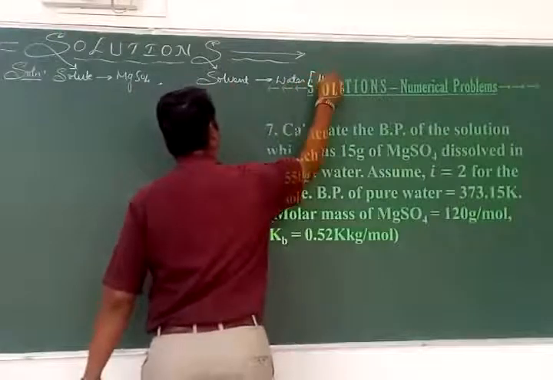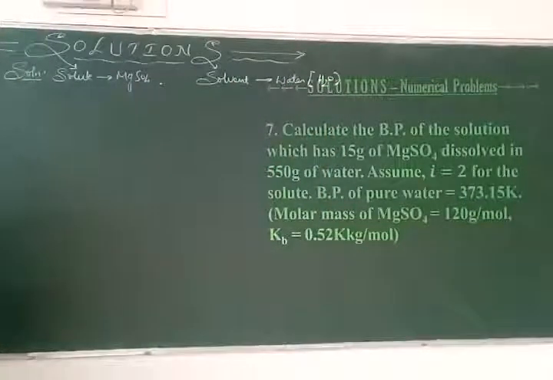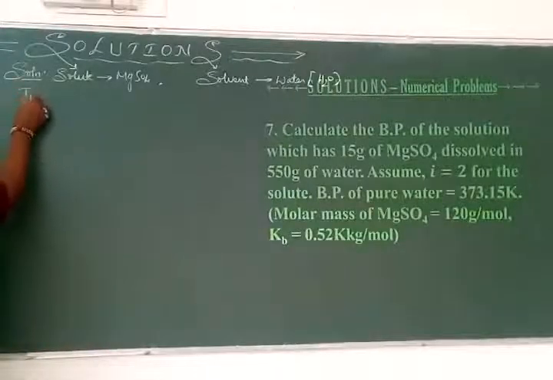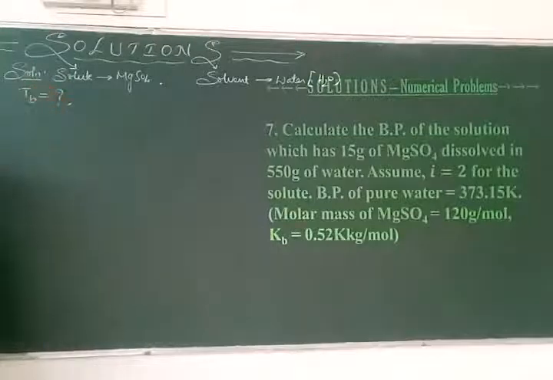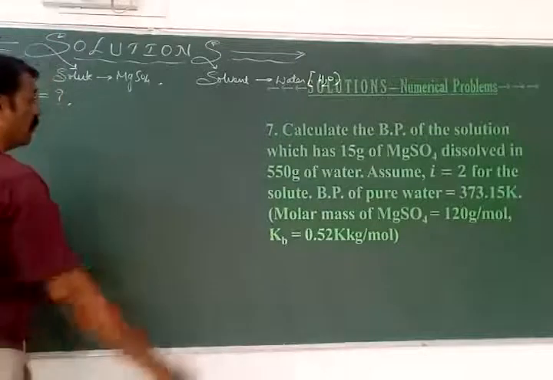Water, we know, has the formula H2O. Calculate the BP of the solution. BP of the solution means it is Tb we have to find out. If it is Tb naught, it means the boiling point of pure water. So here it is only Tb, the boiling point of the solution.